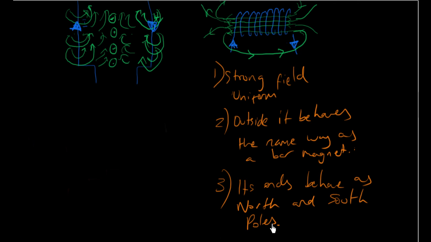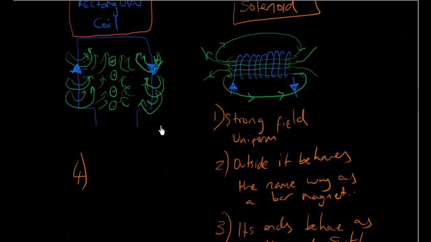A fourth thing to know about the solenoid is that if you change the direction of the current, which is pretty easy, you can just connect whatever's powering this the other way around, or you can even have an alternating current source where the direction is changing all the time.